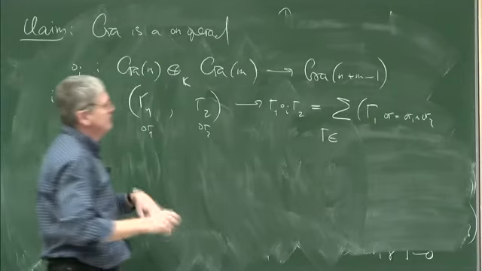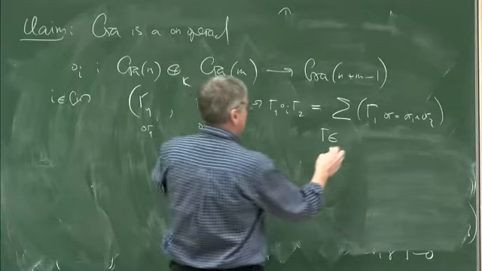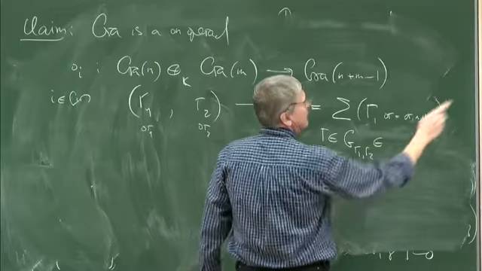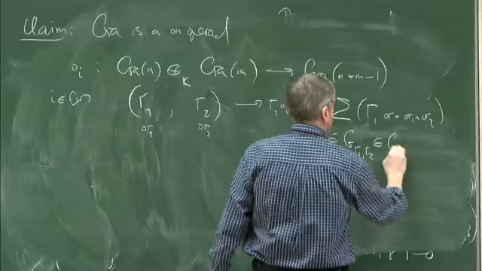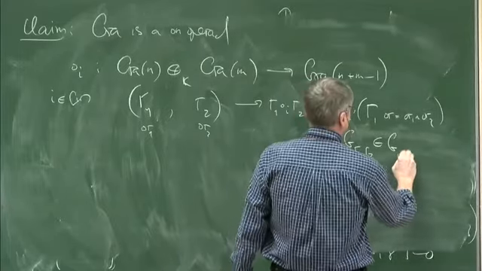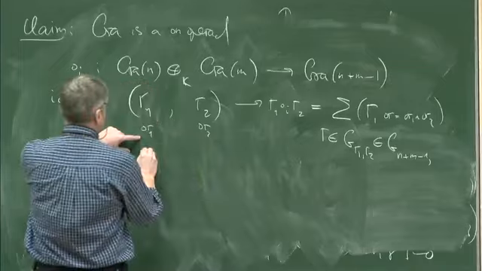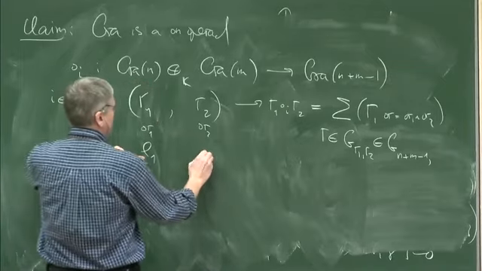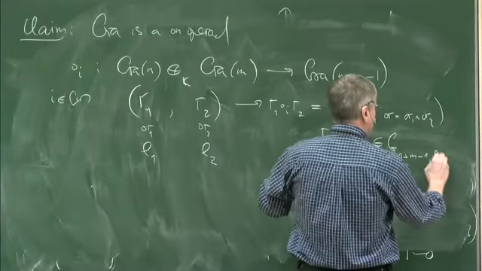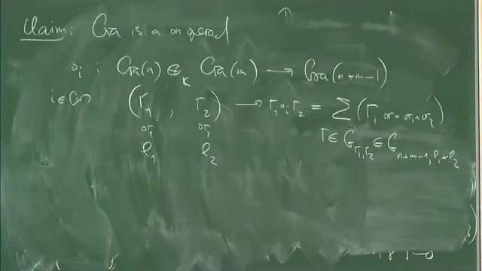Right, so I have to explain what gamma is. Let me consider a subset, for gamma 1, gamma 2, in this set G. G will have n plus m minus n vertices, and if this graph has L1 edges, this graph has L2 edges, this gamma will have L1 plus L2 edges. As I said, they do not disappear.